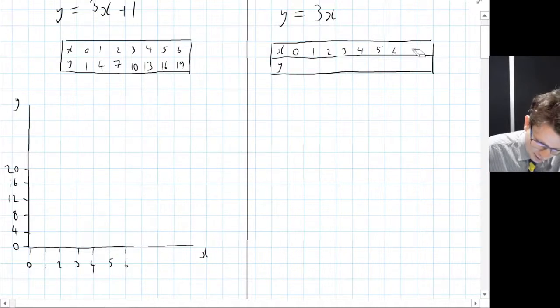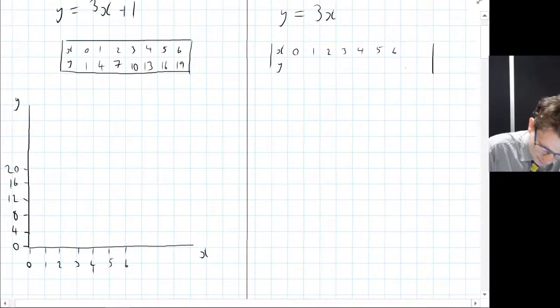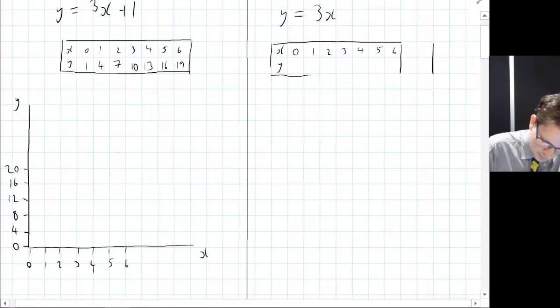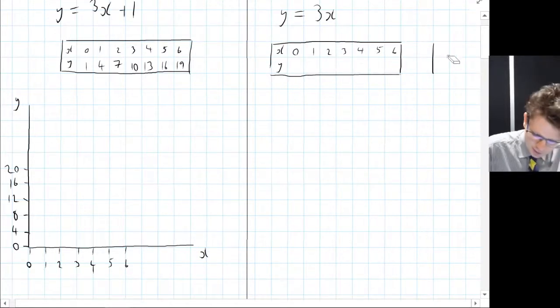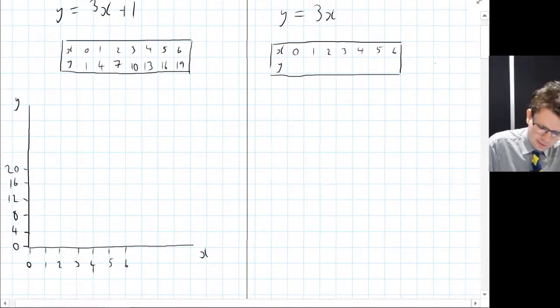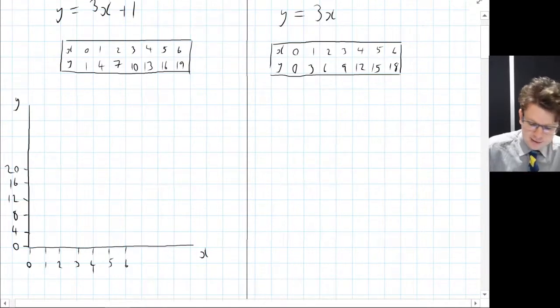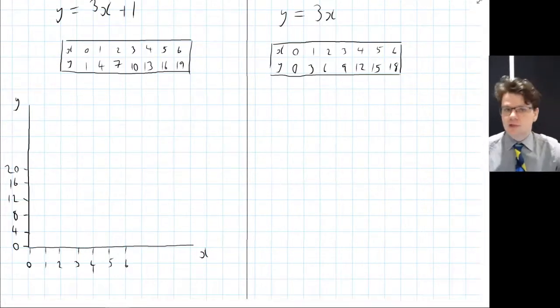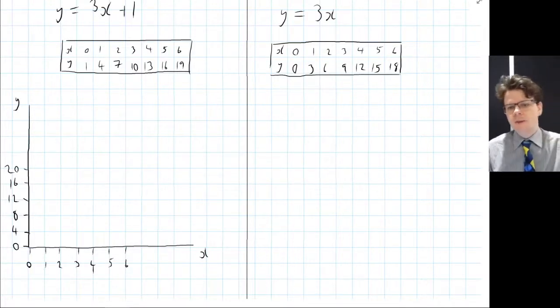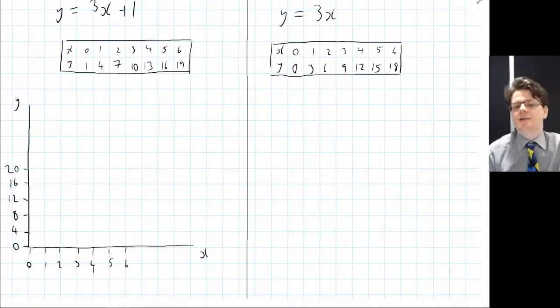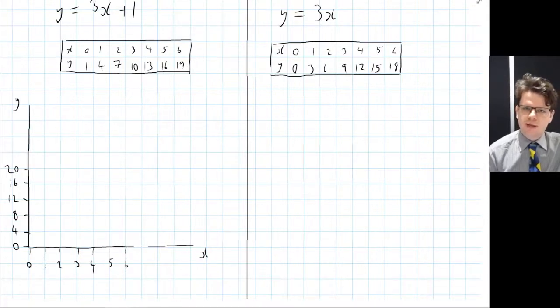Only go up to 6. So your y coordinates are going to be 0, 3, 6, 9, 12, 15, and 18. You can work that out for yourself if you want. Just make sure that you can still substitute, but that's not the focus. Alrighty, so at this point, I just want you to draw up your axes. So your x should go from 0 to 6, and your y should go from 0 to 18.